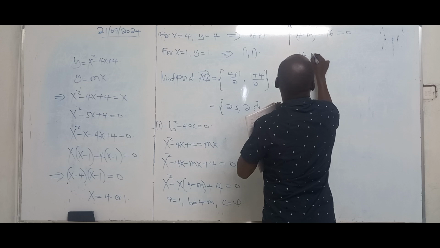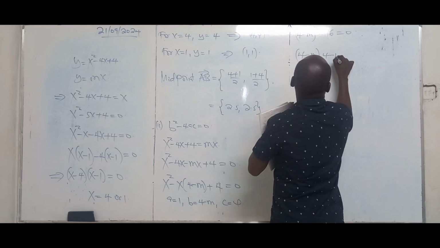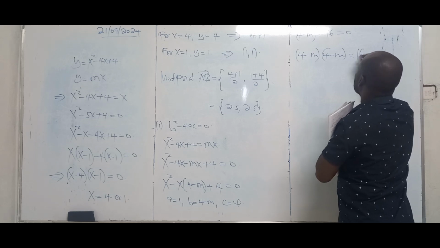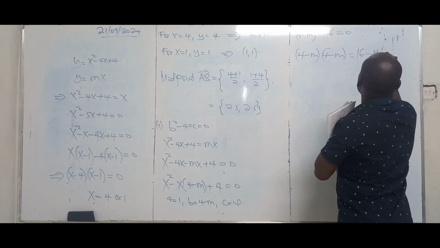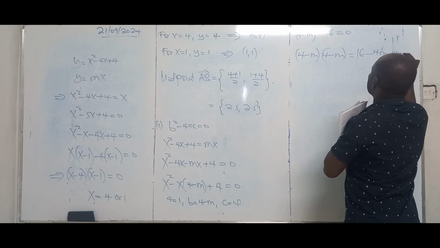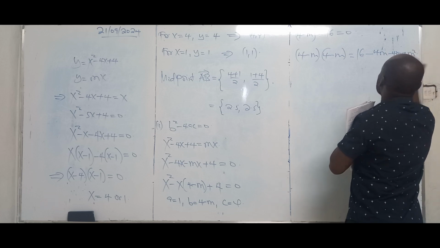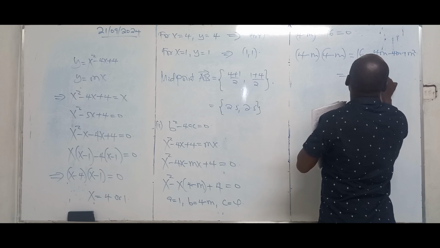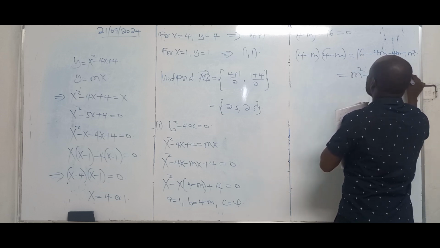But 4 minus m times 4 minus m will be 16 minus 4m minus 4m plus m squared. So this is m squared minus 8m plus 16.